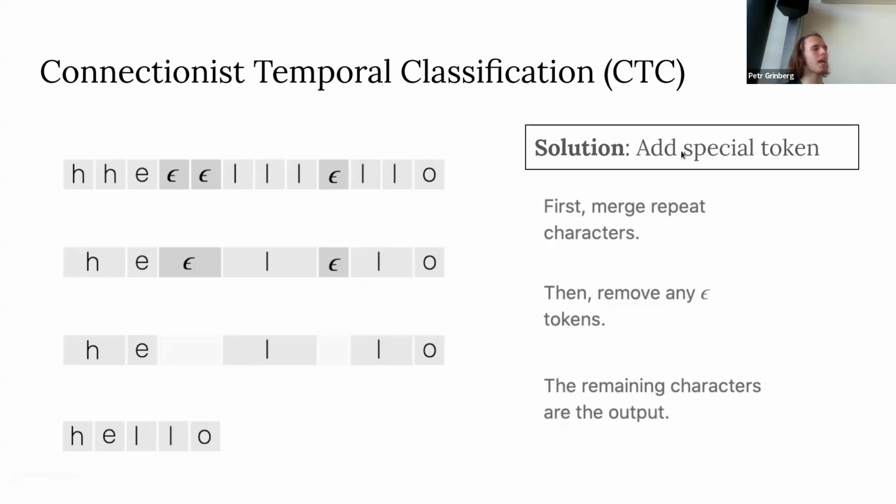The special token is added to our vocabulary. So instead of predicting space plus alphabet, we predict space, special token, and alphabet. For each time frame, the model can predict either a letter, a space, or the special token. So our model will learn to predict the special token instead of a letter.